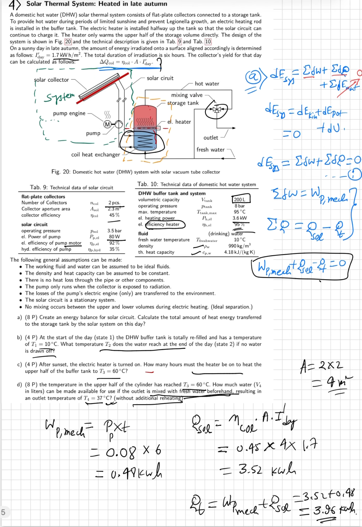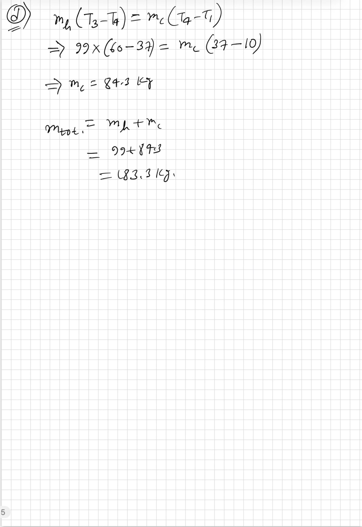Now they have asked how much water in liters can be made available, so we have to find out the volume. The valve is handling this much liquid in total, so the total volume will be V4. We all know density means mass upon volume, so volume will be mass upon density.